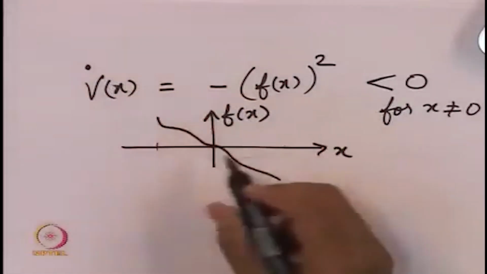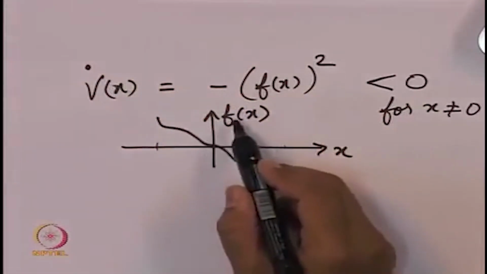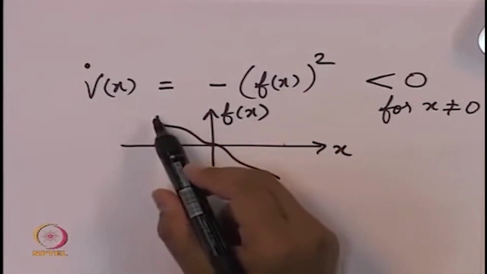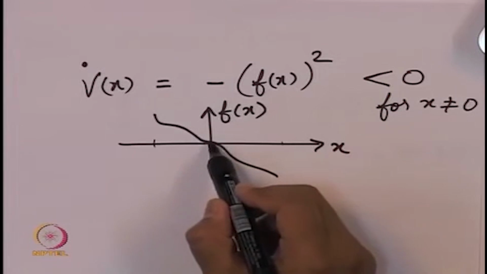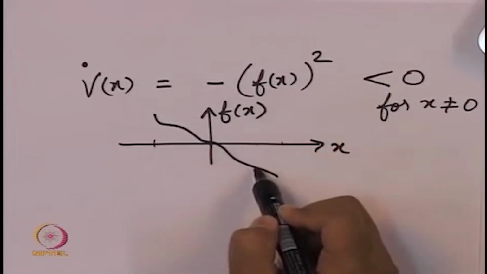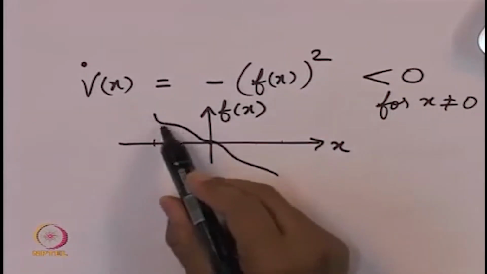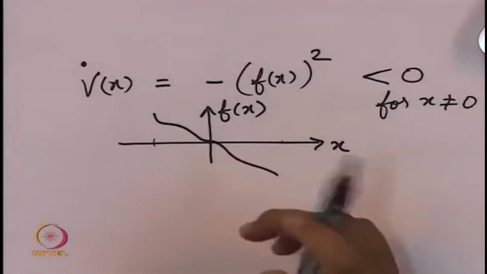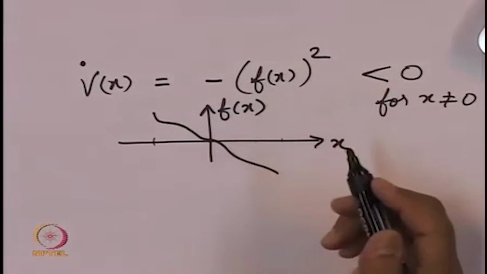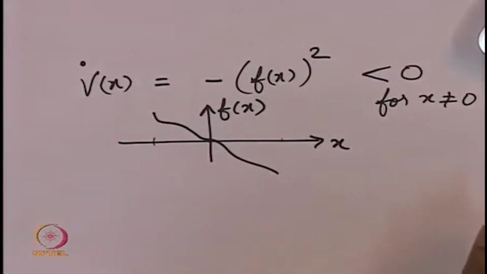So this is one way in which, without knowing the precise formula for f, by just using the property that f was positive for x less than 0, f was negative for x greater than 0, and the continuity property of f itself, we have been able to show that this equilibrium point is in fact asymptotically stable. We could take another example with 2 dimensions.